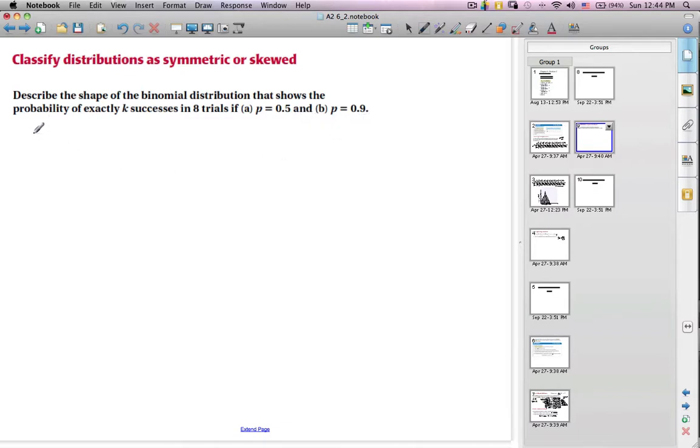So that means that if n is equal to 8, p is equal to 0.5, and 1 minus p is also equal to 0.5, equal likelihood of success and failure. And I want to compare it to n is still 8. The difference here is that the probability of success is 0.9, and that means that 1 minus p, the probability of failure, is 0.1. What will this look like?